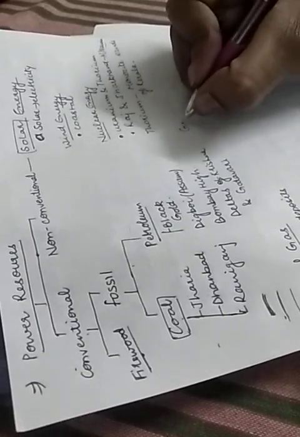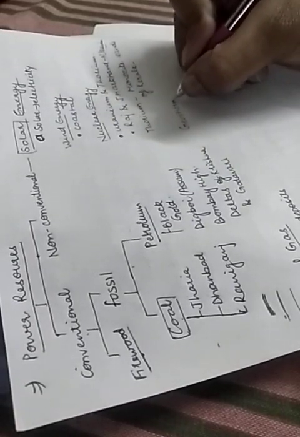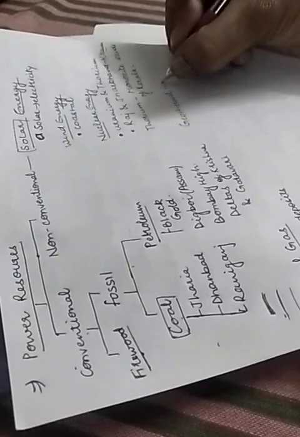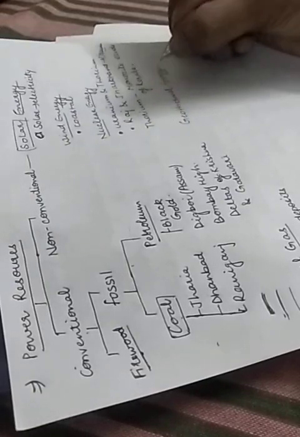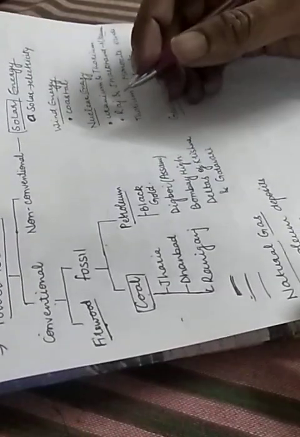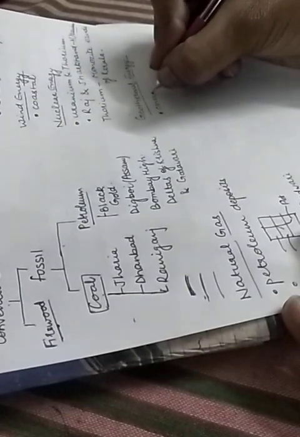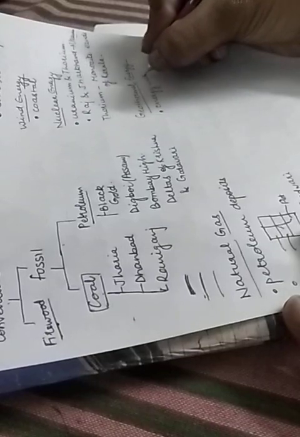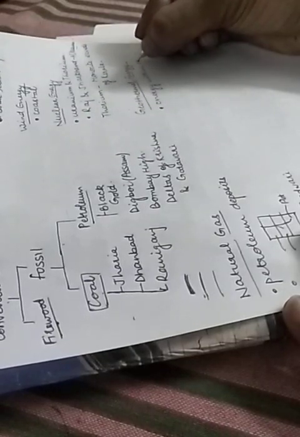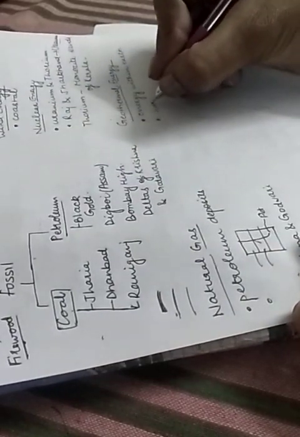Now we have geothermal energy, the energy from within the earth. This can be trapped and used. Hot waters coming from beneath the earth also can be used.